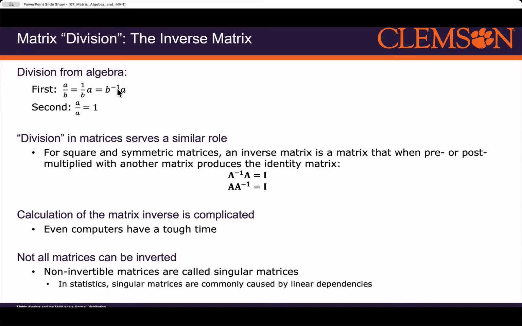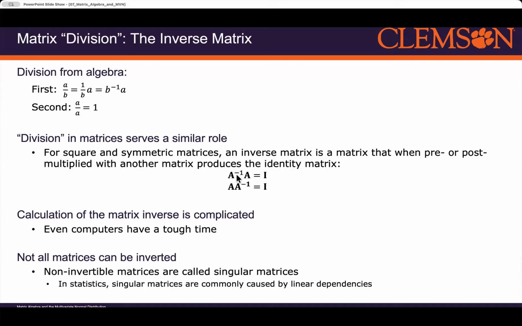If we redefine algebra that way, and we allow a divided by a to equal 1, then we can see that in matrices, division plays a similar role. Now, I'm going to define this only for square and symmetric matrices. For those, an inverse matrix is a matrix that, when pre- or post-multiplied by another matrix, produces the identity.